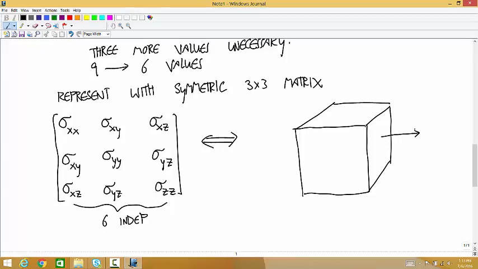On the positive x face, we have a component in the x direction, a component in the y direction, xy, and a component in the z direction, sigma xz.